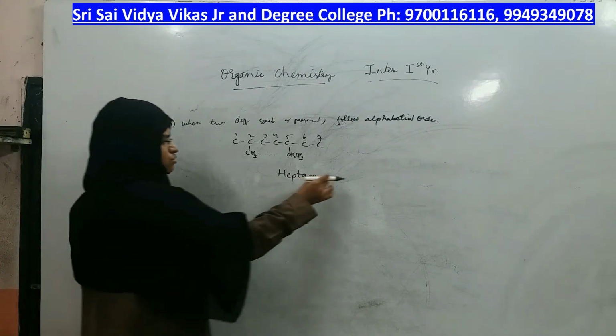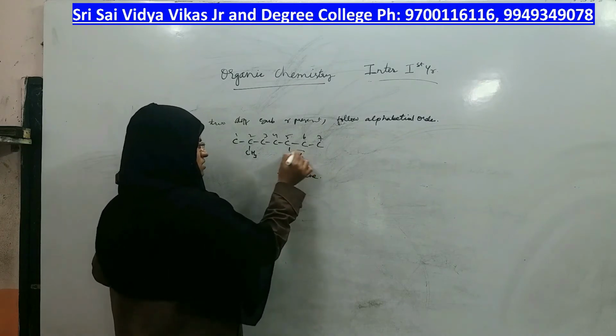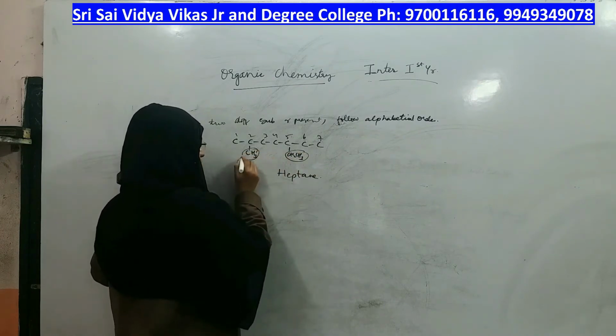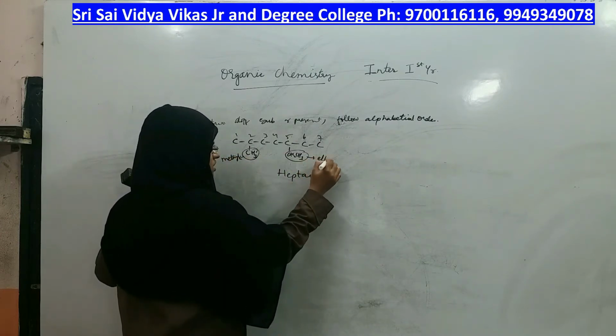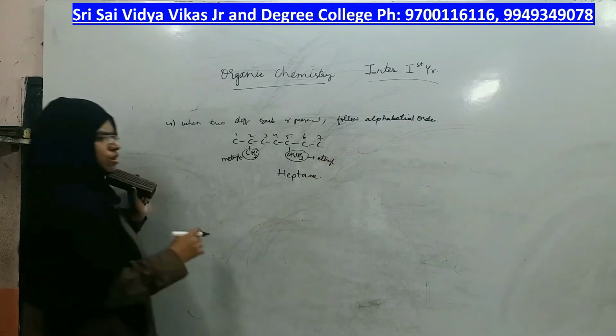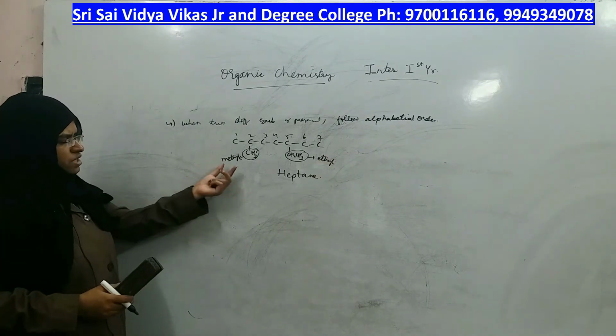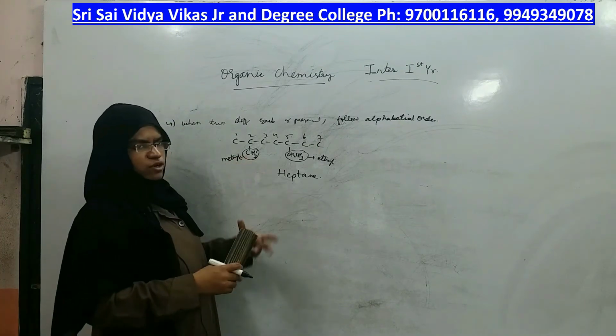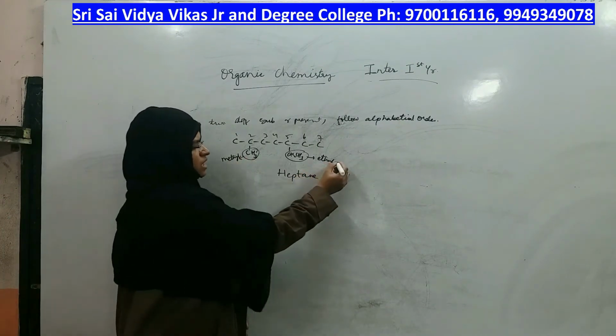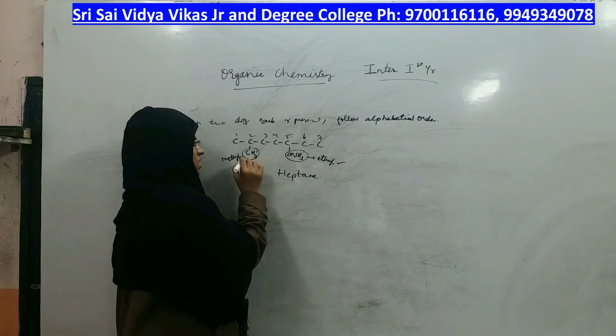Nothing is there. So, no suffix. All these groups become prefixes. This group starts from M, which means methyl, and this group starts from E, which is ethyl. So, whose name should come first in the IUPAC name? To do that, you have to follow alphabetical order. Ethyl comes first and then methyl.